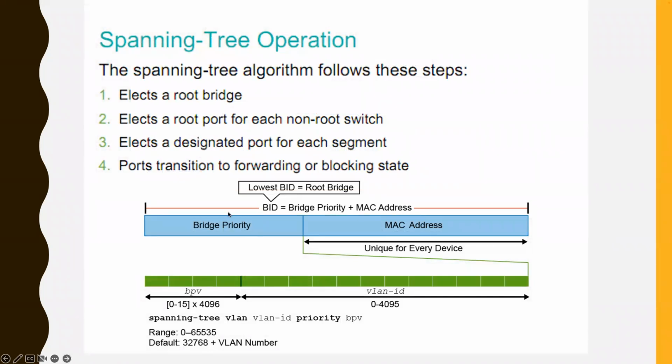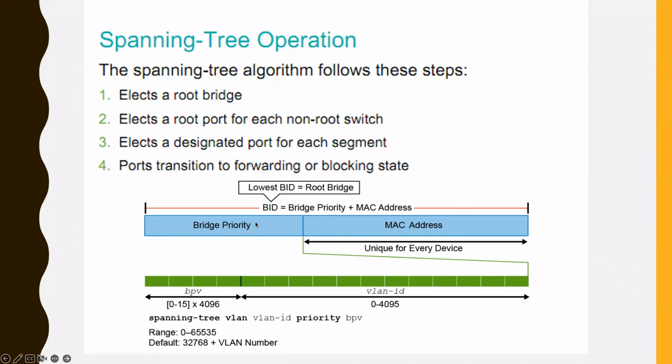Let's move further and do a deep dive. In spanning tree operation, the first step is, as we all know, to elect a root bridge. Root bridge election depends on two things, your system ID. The system ID has the bridge priority and the MAC address of that bridge. The MAC address is constant for your switch; you cannot change it.